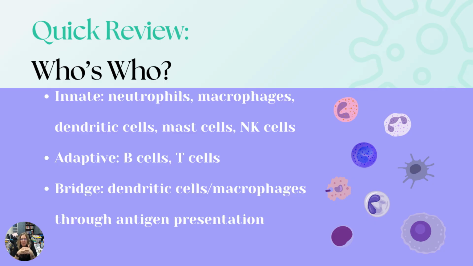Dendritic cells and macrophages can encounter something as part of the innate response, process that antigen, and then present it to the cells of the adaptive immune system. So imagine a macrophage is essentially saying, "Hey, I found this. You guys need to know about it." And that's one of the ways the innate immune response helps determine what happens next.